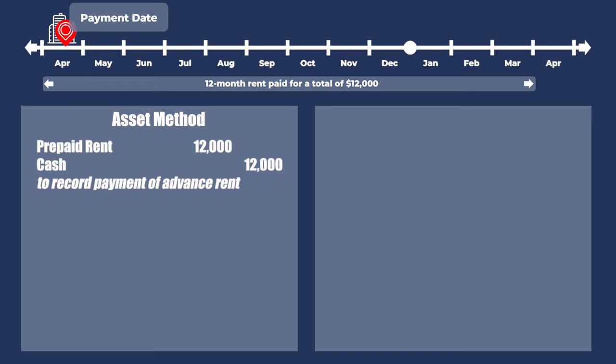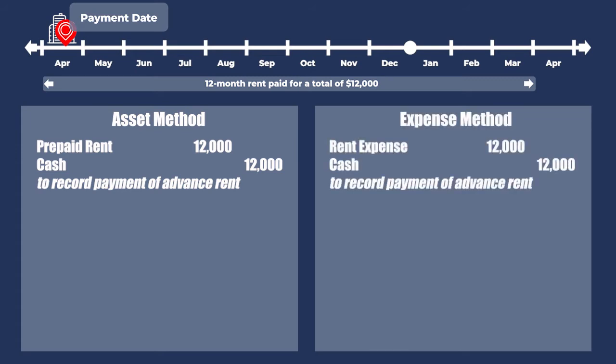This one is a better option because it recognizes that the $12,000 has future economic benefits because it has not yet been used. Therefore, it's an asset. The second way is also acceptable in practice, where we recognize everything as an expense all at once. This is acceptable because at this point, we are not preparing any financial statements and we rely on the fact that we will eventually adjust this by year-end before preparing the trial balance.